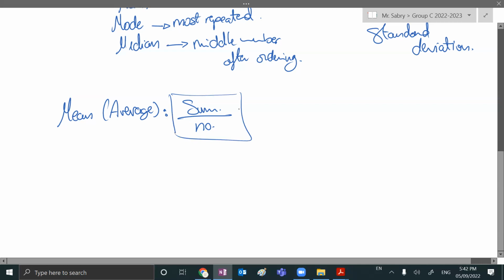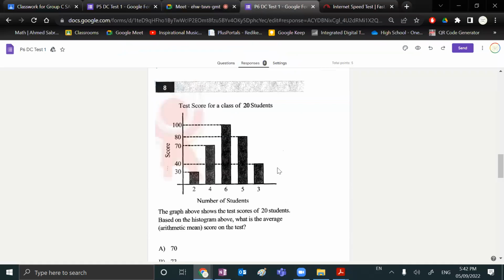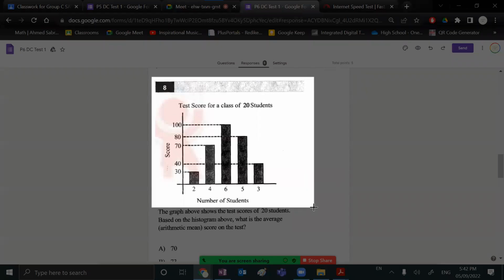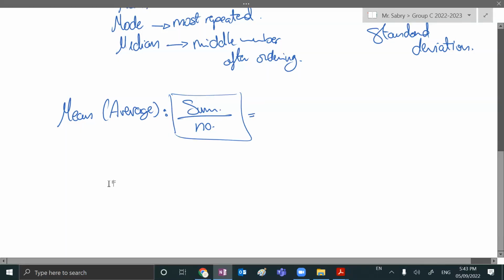Now, it's easy to get the mean: just add the data together and divide by their number. The hard part is when you have something like a frequency table, like the one you just solved in your test. This is not a frequency table, yet it's something called a frequency graph. It shows you how many times each score was repeated.